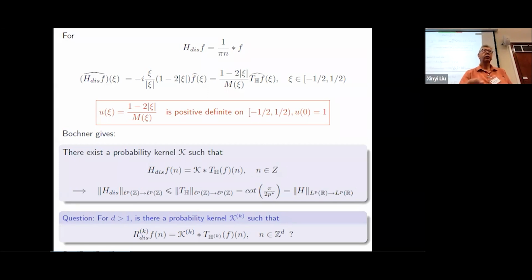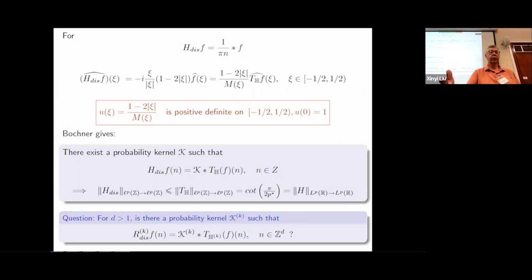And lately, when we started working in higher dimensions, we actually found that you can write the Fourier transform of the discrete singular integral as a function u times the Fourier transform of this T sub h. And so now we have two proofs of this theorem, this factorization.